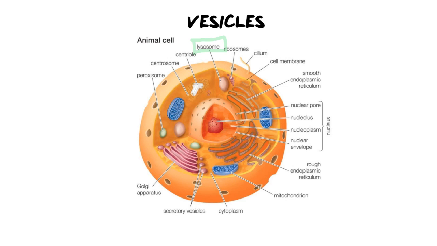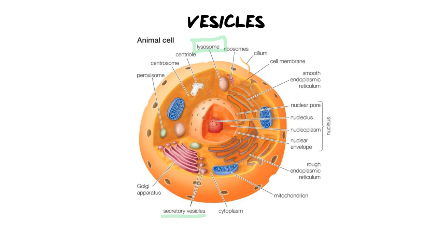Another version of a vesicle is, if we look a little bit lower down here, something called a secretory vesicle, which, if you look in the more advanced animal cell video, you will see are responsible for housing fats and digestive enzymes, and they often are substances that leave the cell.